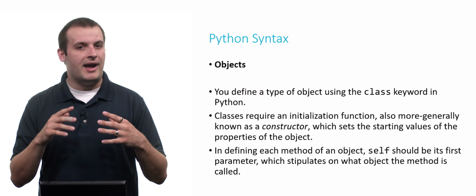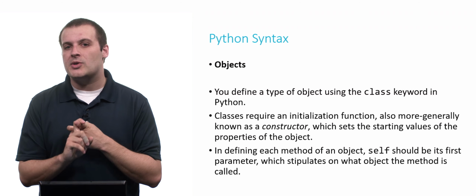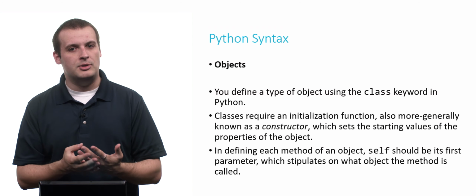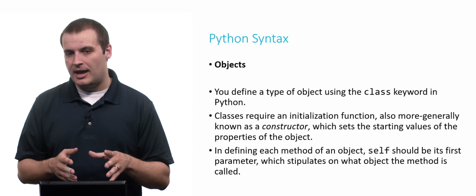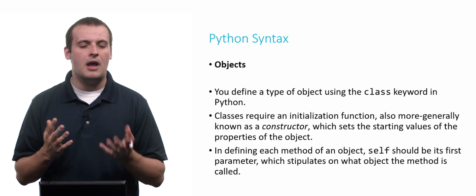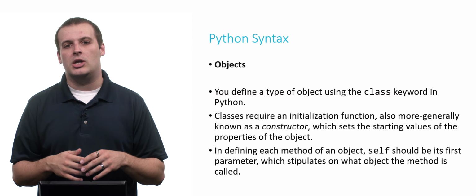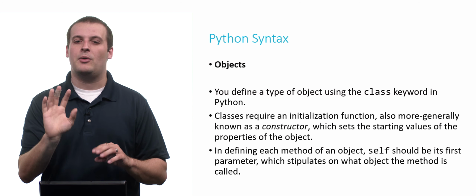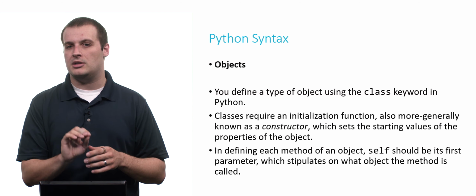Then, in addition to defining the properties of the object, we also have to define functions or methods that can apply to the object. Every method that we define inside of the class has at least one parameter, and that parameter is canonically, although you don't have to call it this, called self. And basically all it is is a reference to the object so that we can always know what object we are talking about.